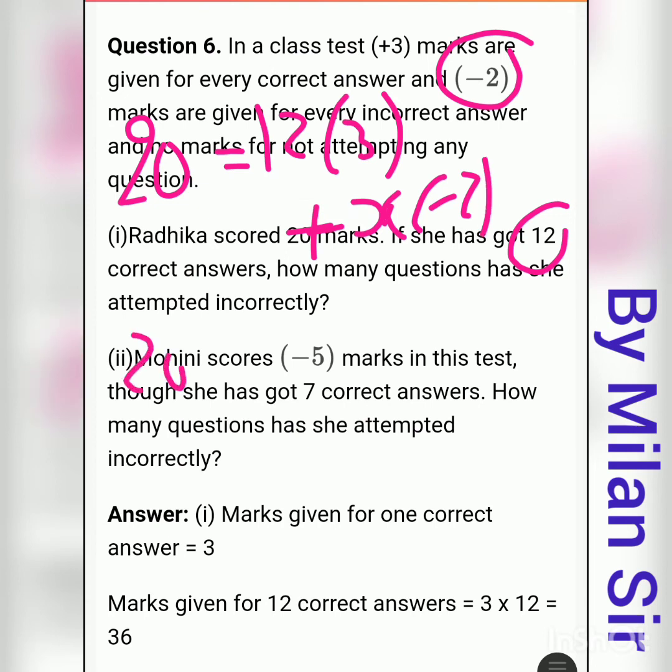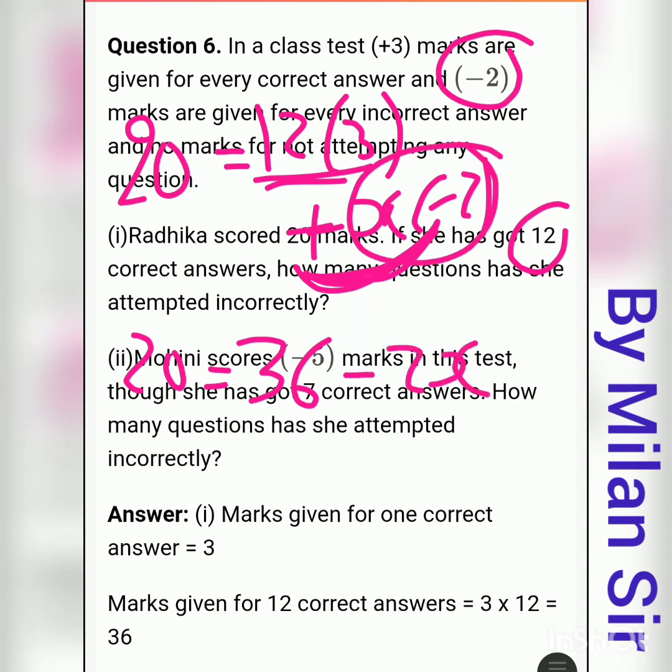So here 20. Now 12 multiply 3. 12 threes are 36, and here plus minus minus, 2 multiply x, it's 2x. We don't know the value of x, so we cannot multiply it, so we just write 2x. Now we need to find the value of x.